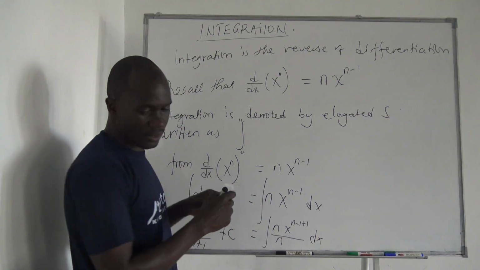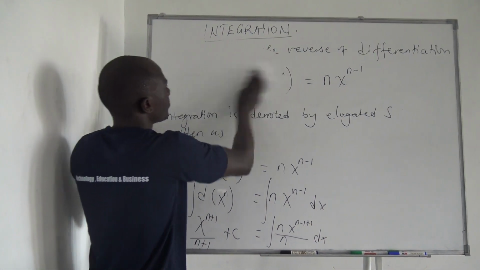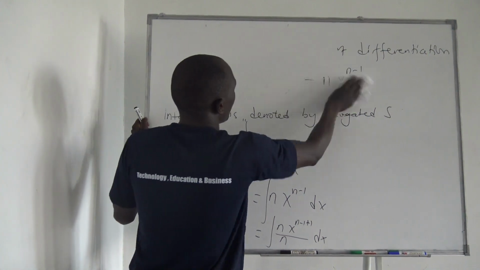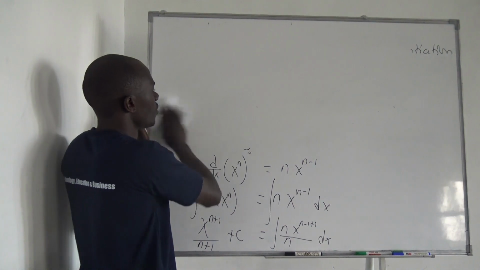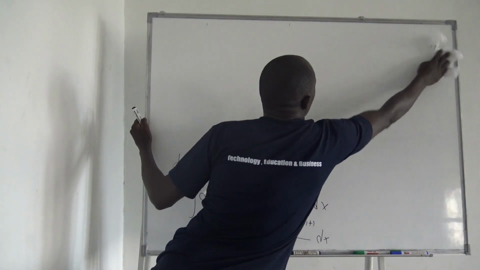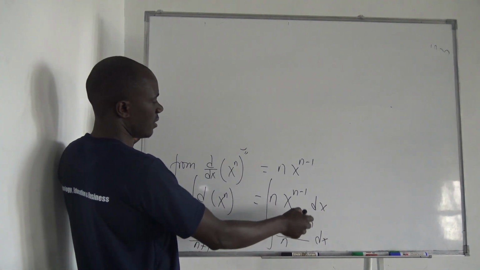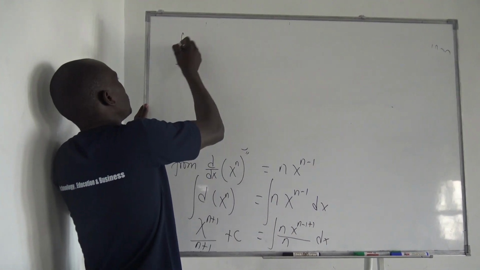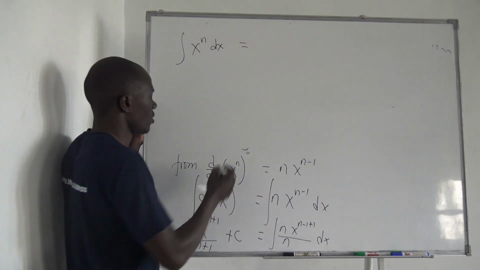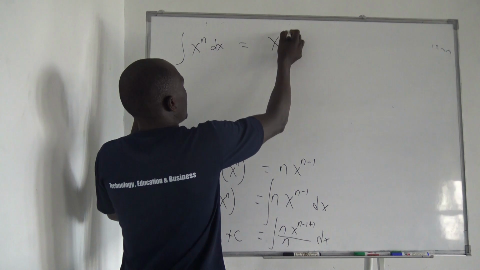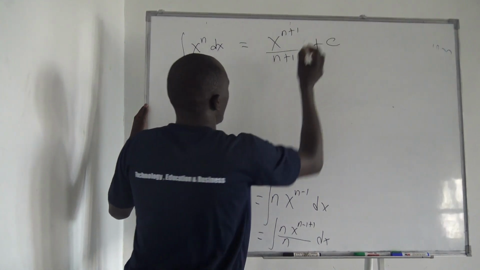So what happens? Let's proceed. Looking at that process, what comes out at the end? Because it's the reverse of differentiation, we remain with the integral of x power n dx equals x power n plus 1 all over n plus 1 plus a constant.